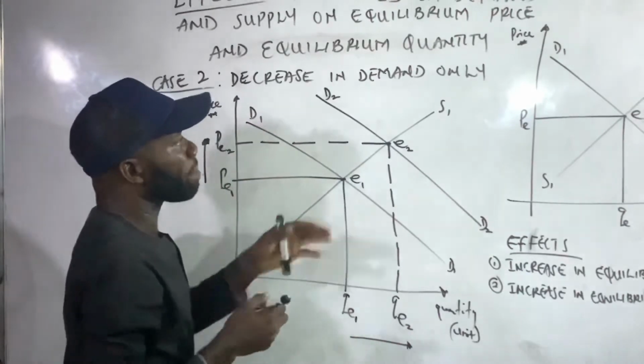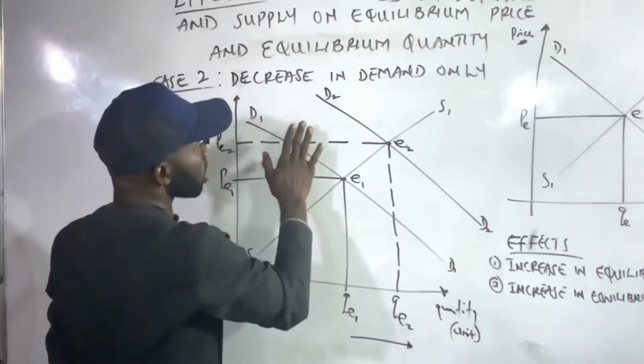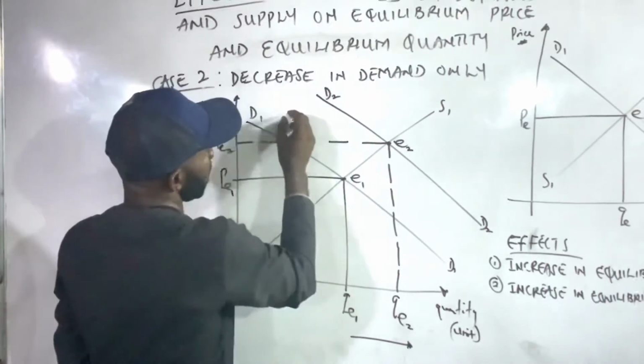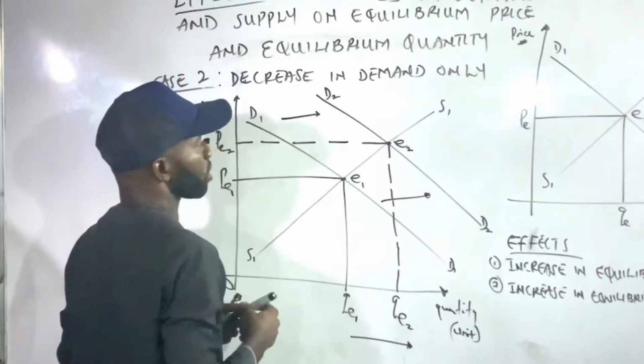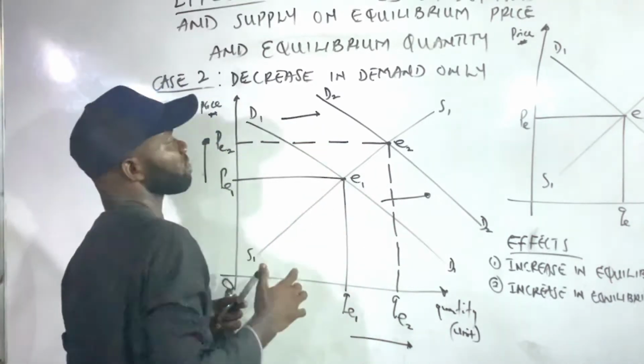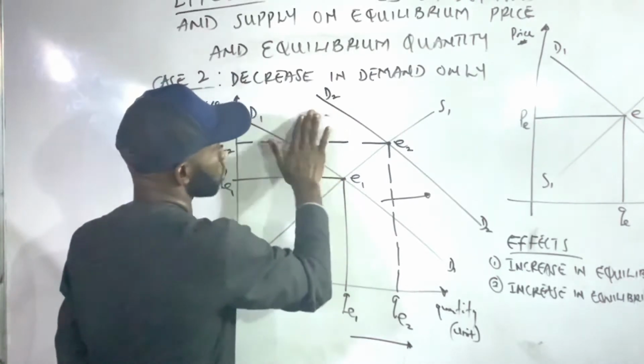Decrease in demand only. It means we are not going to do this shift that we had before. We're going to do the opposite of this shift. And how do we do the opposite of this shift? Let's get back to the origin.